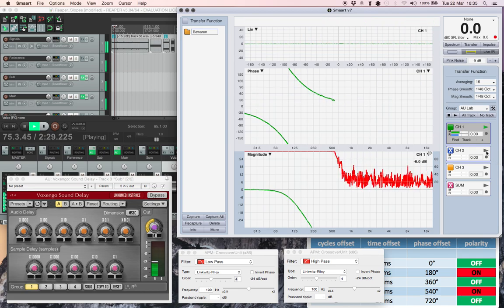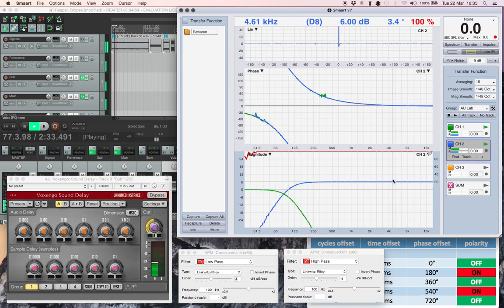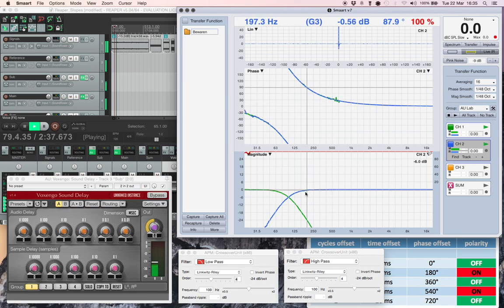Channel 2 is our virtual main speaker, and it's the same topology, the same Linkwitz-Riley filter with the same corner frequency. Again, a -6 dB point at 100 Hertz, and if we go down by 1 octave down to 50 Hertz, we can see that we also have lost 24 decibels.